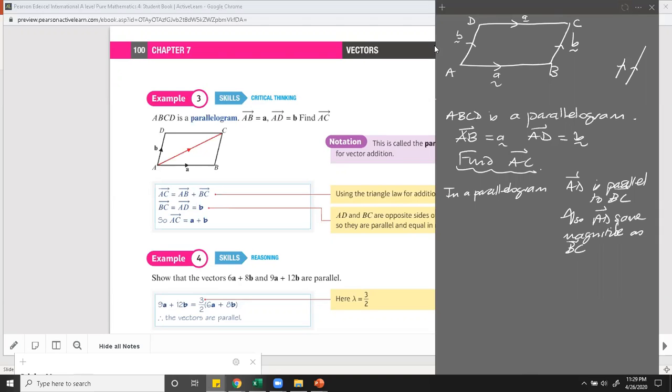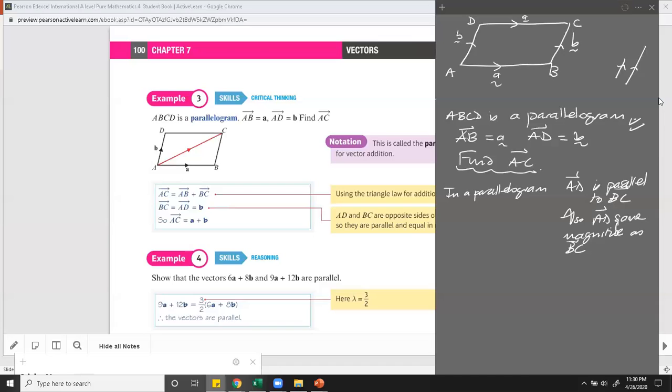Note that the vertices are in capital letters. Look at the textbook if you find my writing a little difficult to follow. The vertices are in capital letters, but the actual sides are in lowercase letters. Because it's a parallelogram, this is very important, because that's telling you that DC and AB are the same vectors.